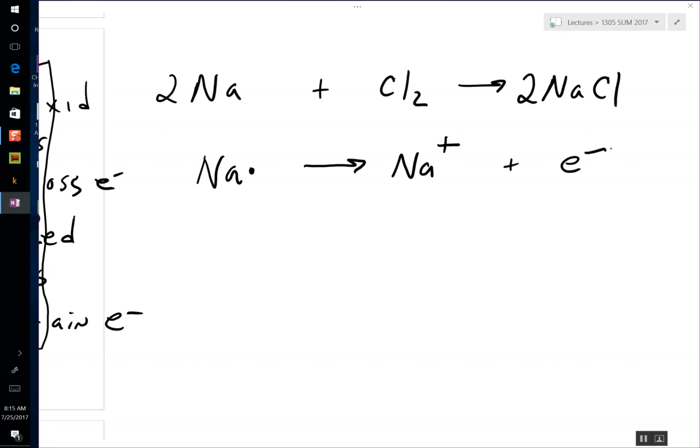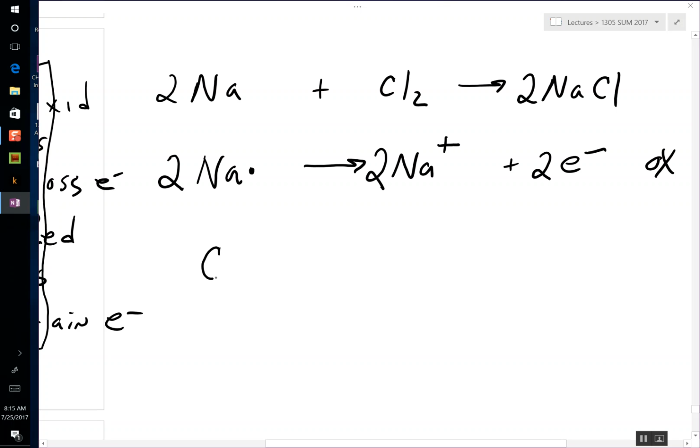Sodium is the substance that's being oxidized. This is oxidation. And actually, 2 of these are producing 2 of these ions, and they're each losing an electron, if I want to work off of this balanced chemical equation.